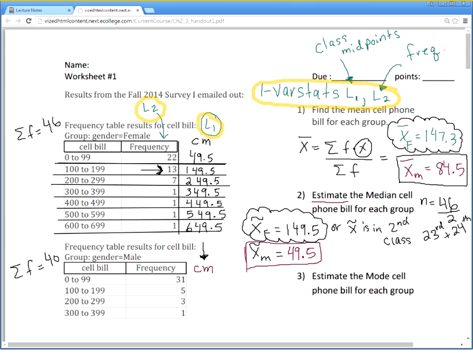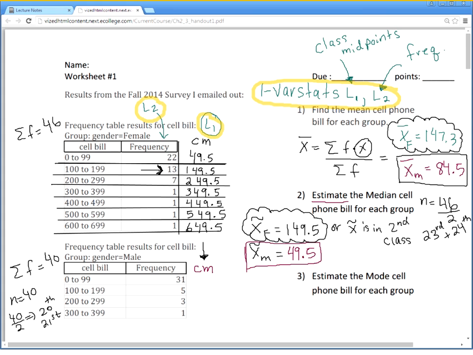All right, so how you would answer the question for the male group is the same way. For the male group, we have 40. You're going to divide that by 2. So 40, if you get halfway, that's 20. So you're looking at the 20th value and the 21st value.